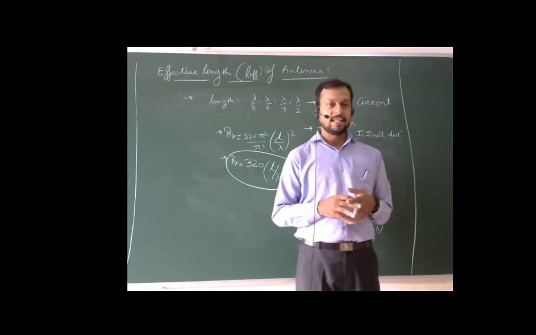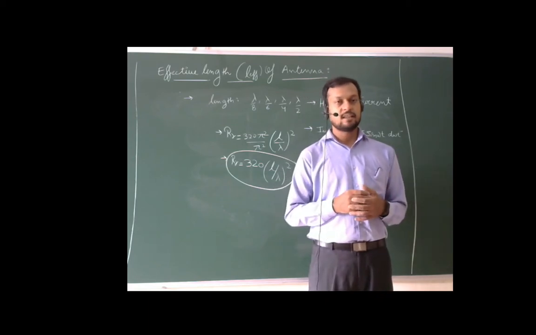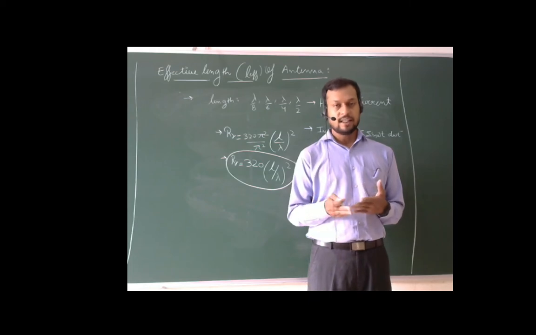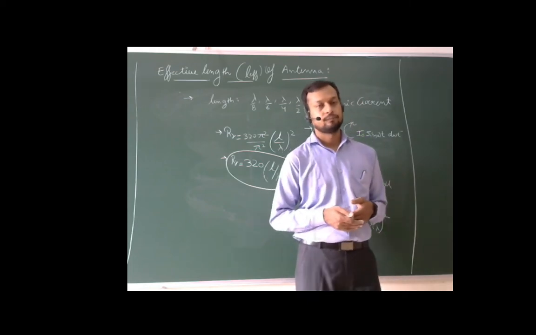So in that case our radiation resistance becomes 20 pi square into (L by lambda) whole square.